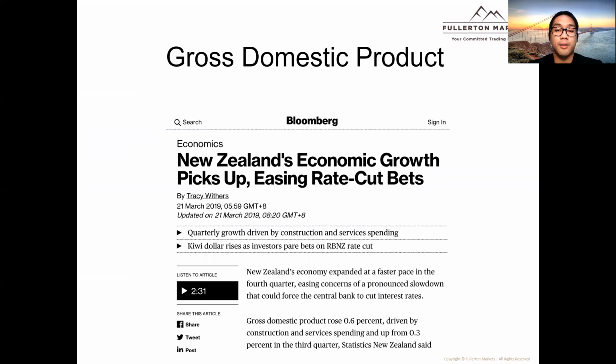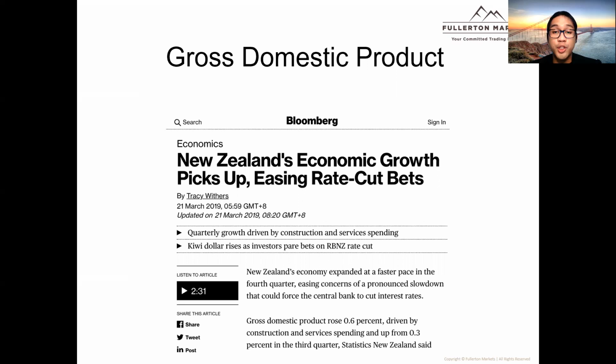Gross domestic product, all right? New Zealand's economic growth picks up, easing rate cut bets, all right? Just from the headline, we can see a few things, all right? New Zealand's economy is doing much better, and the belief that there might be some rate cuts is lessened, all right? Easing rate cut bets. Basically, the chances of a rate cut are being lowered, all right?